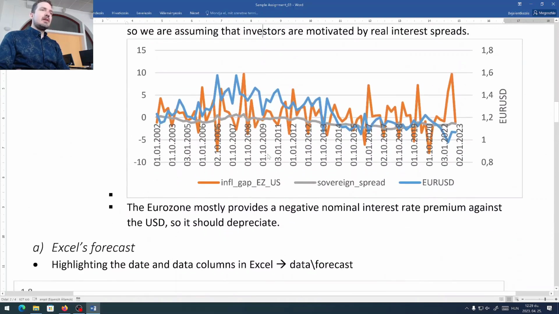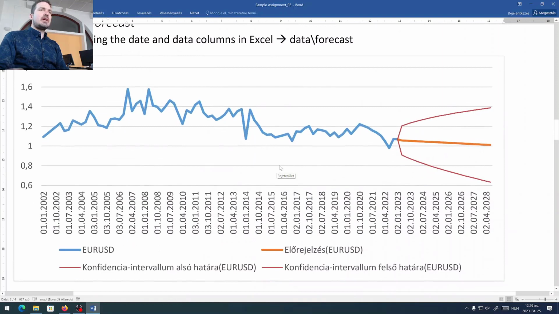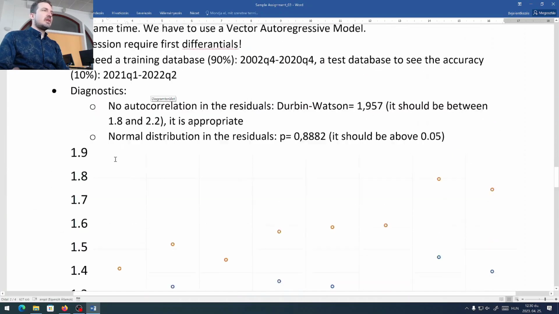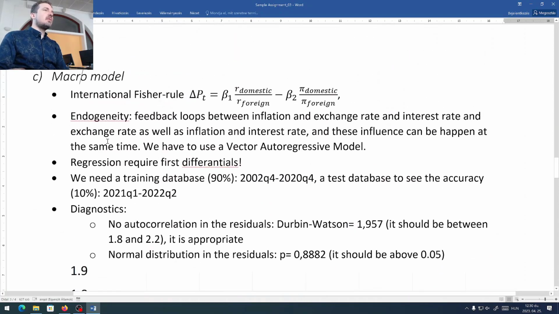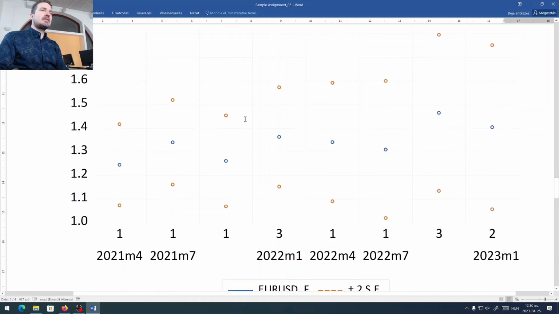And after that, so we have the Excel forecast data. It says that the euro has a tendency for further depreciation against the US dollar. So it's not great. Then, okay, that will be the simulation, but also the macro model, which we were able to fit with the vector autoregressive model.